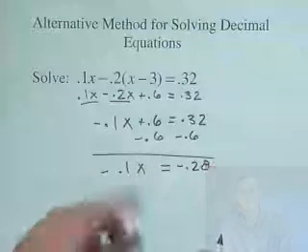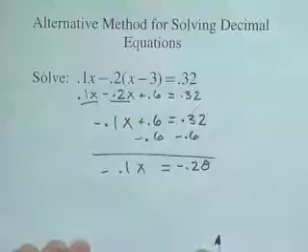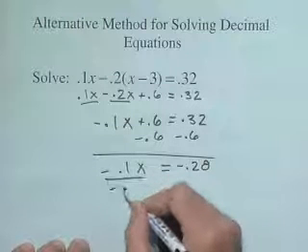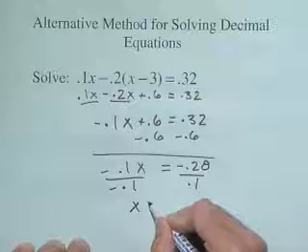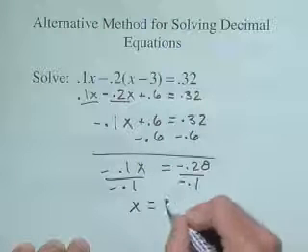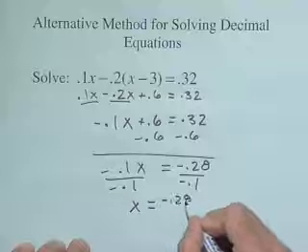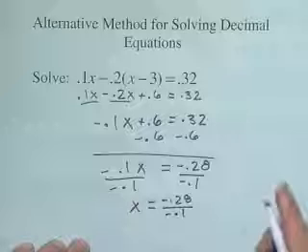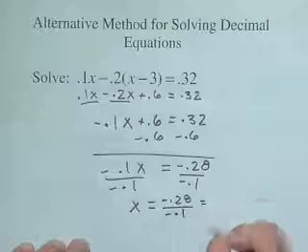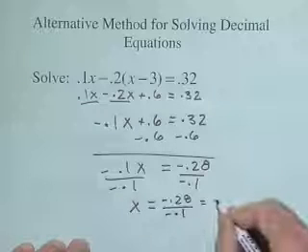Okay. Now, the last step, to solve for x, we simply divide both sides by a negative 0.1. So x is equal to negative 0.28 over negative 0.1. The negatives certainly cancel each other.